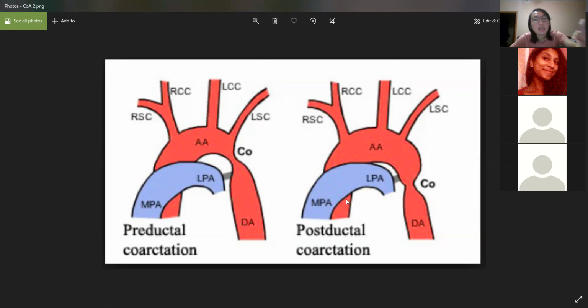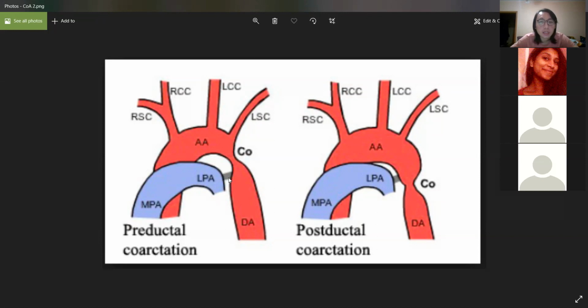It is a blood vessel that connects your aorta to your pulmonary artery, and this is seen in infants, especially when they are still in the womb, and it will disappear spontaneously after they are born.